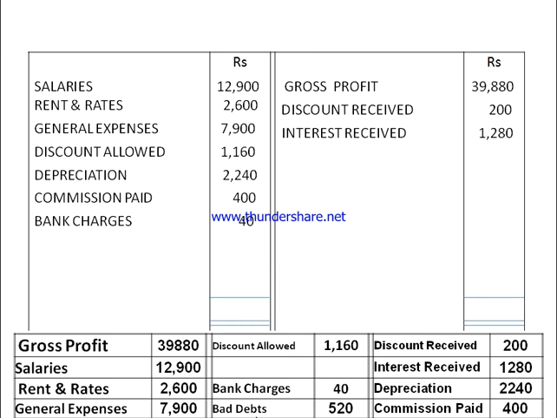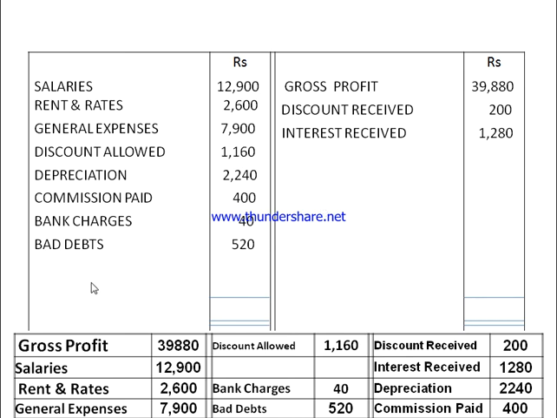So bad debts are those debts which cannot be recovered, which cannot be received for any reason. So these are also our expenses or losses. Therefore we will record these bad debts on the debit side of the profit and loss account. So all data has been posted in the profit and loss account.